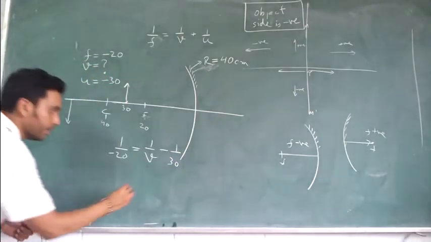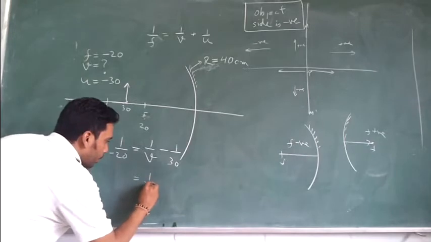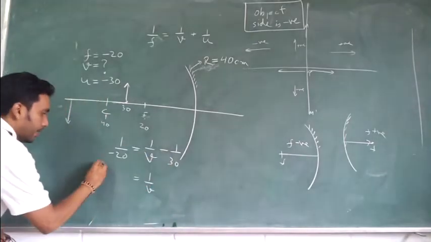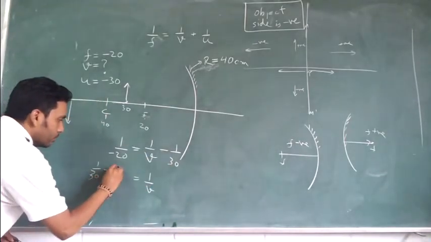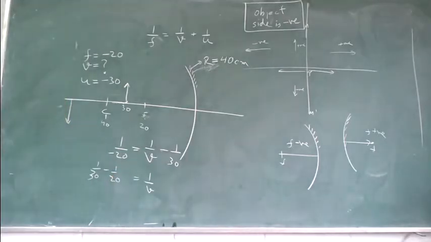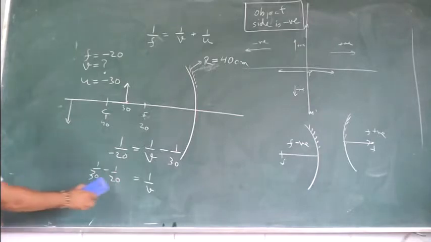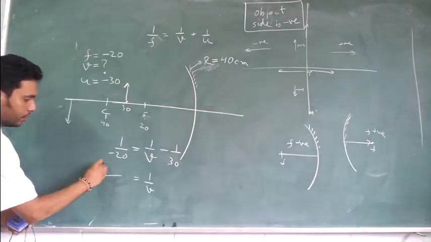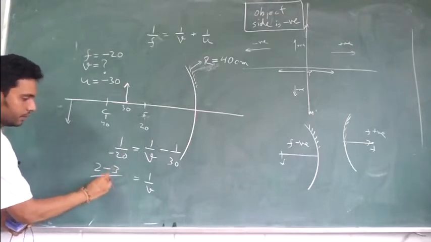So what do I get? I get 1 by V is equal to 1 by 30 minus 1 by 20. You can take the LCM as 60. And what do you get? 2 minus 3 by 60.